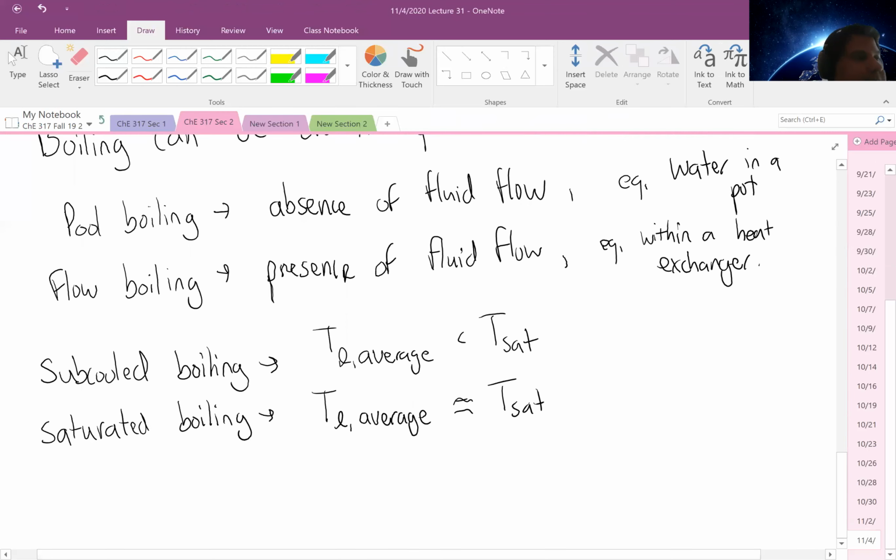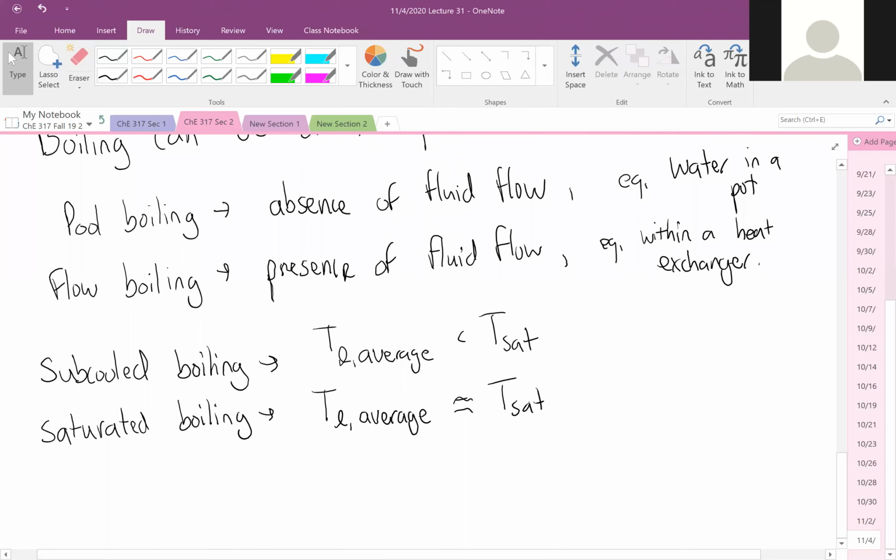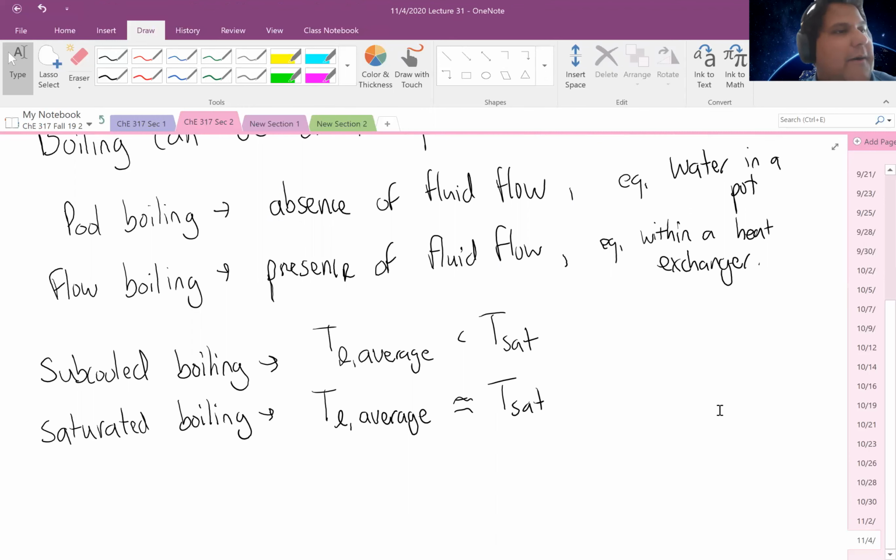So, when do we see subcooled boiling and saturated boiling? That's what we're going to talk about next: how those classifications influence what we see within a boiling system. So that's a good question.